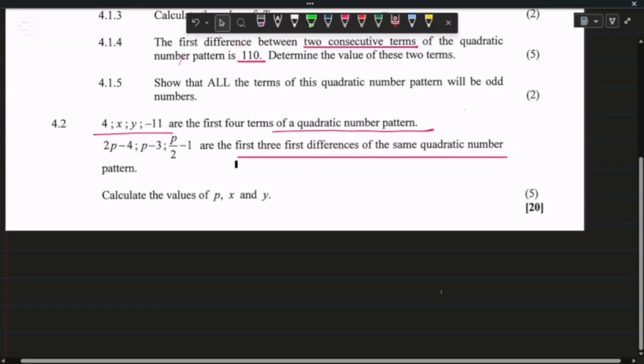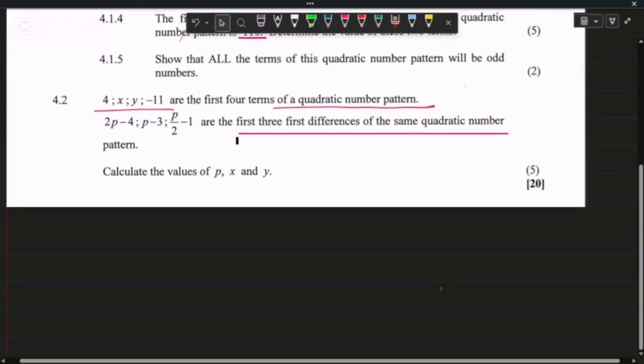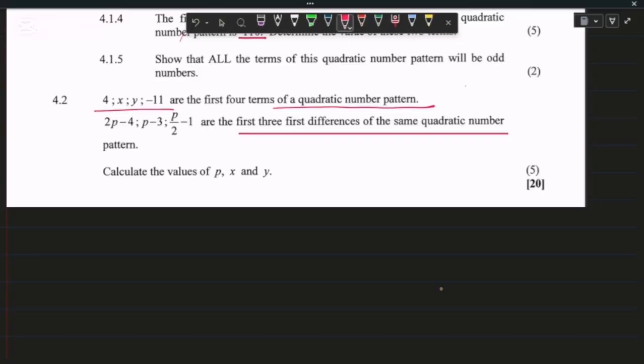So basically, what they're trying to tell us is that we have a number pattern, it's a quadratic number pattern. It has these terms 4, x, y, and then minus 11.